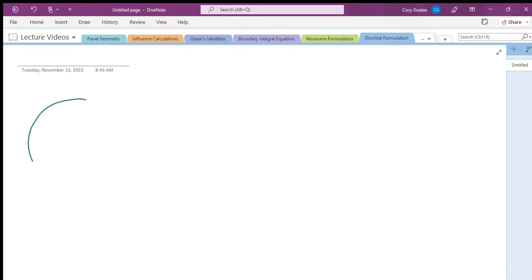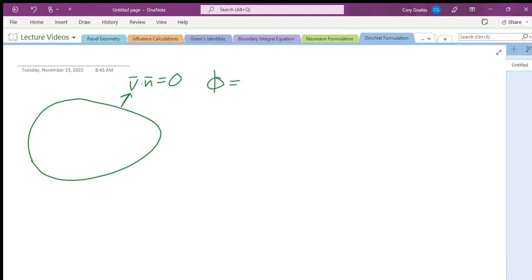Assuming OneNote's going to keep up with me here. There we go. If I enforce the zero normal flow boundary condition on that, what that will lead to is my total inner potential being some constant inside.